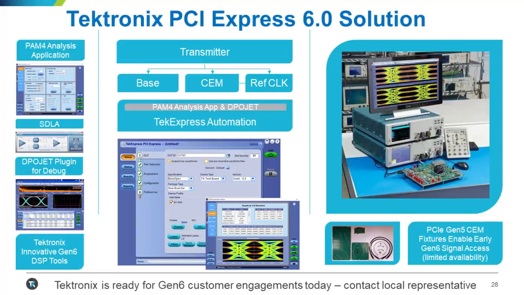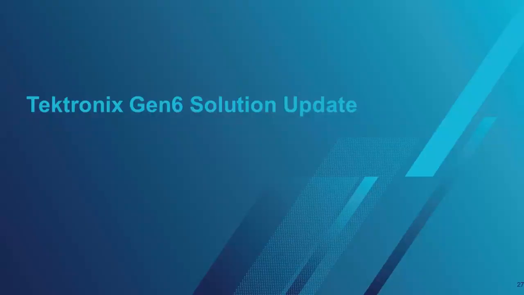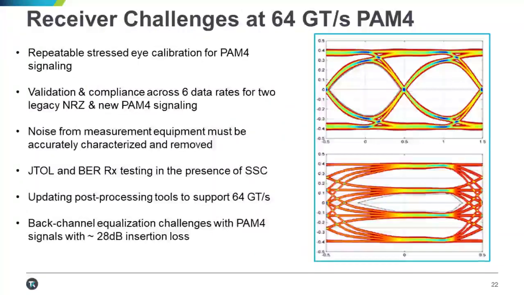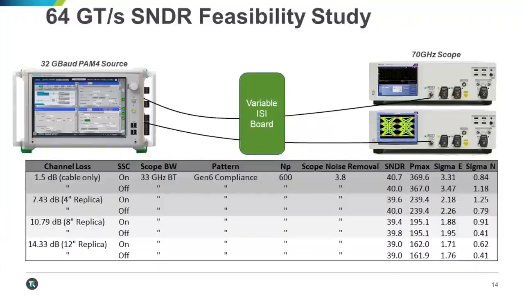Okay. A question about your slide 14. Was feasibility testing done with the Tek PAM4 tool or with the SigTest tools? Yeah, let me go back to slide 14. Oh, okay, so this was on SNDR. This was done with the Tektronix PAM4 analysis app.